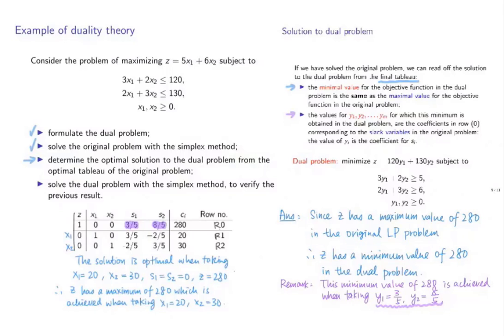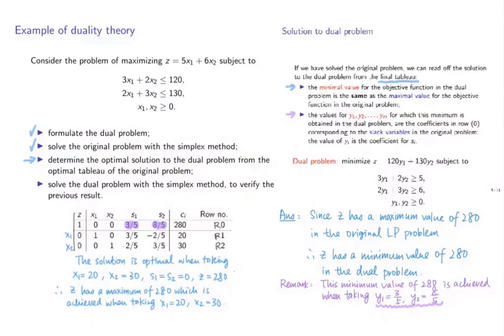That is, when we know that the Z in this dual problem has a minimum value of 280, this is achieved when taking y1 equals 3 over 5 and y2 equals 8 over 5.